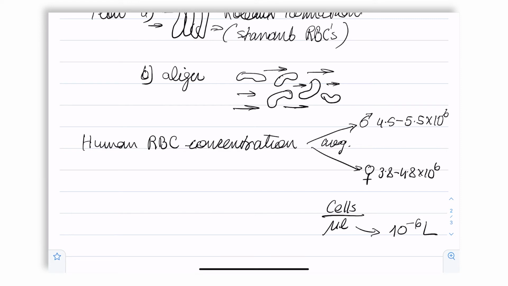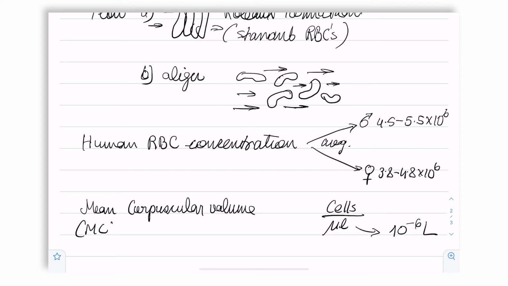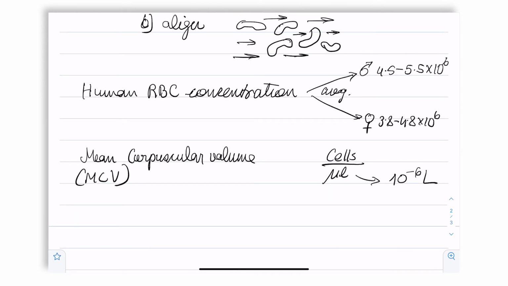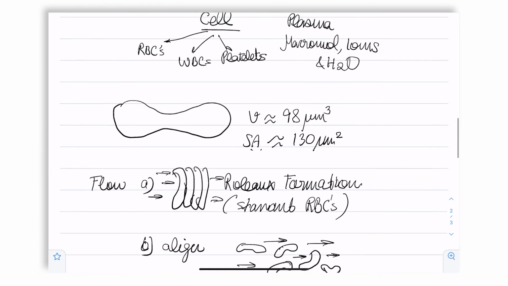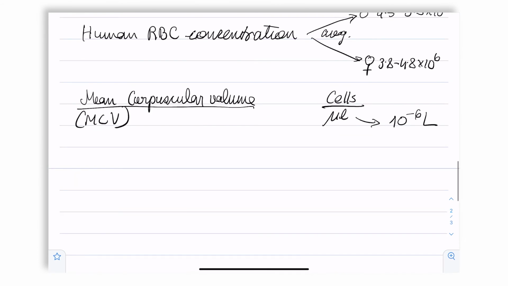The mean corpuscular volume is a volume that is somewhat comparable to what we discussed here. It's 98 micrometer cube, which translates into between 78 to 94 femtoliters per RBC.